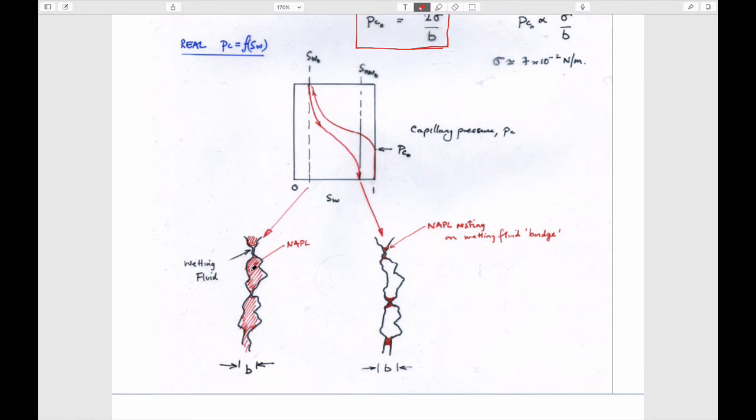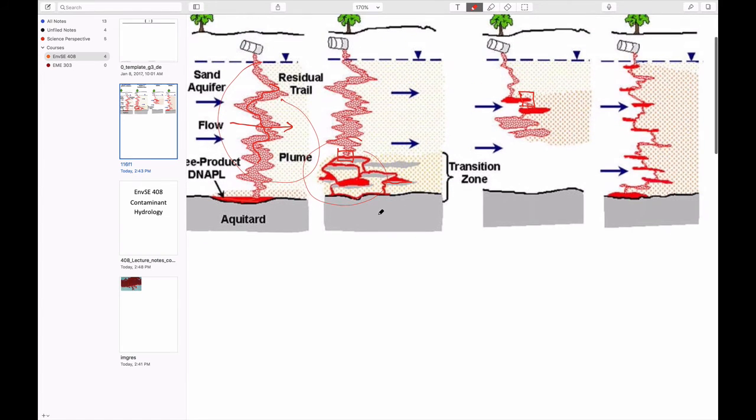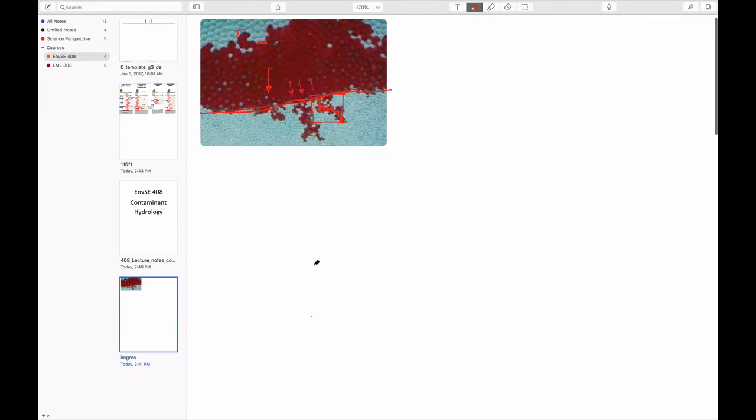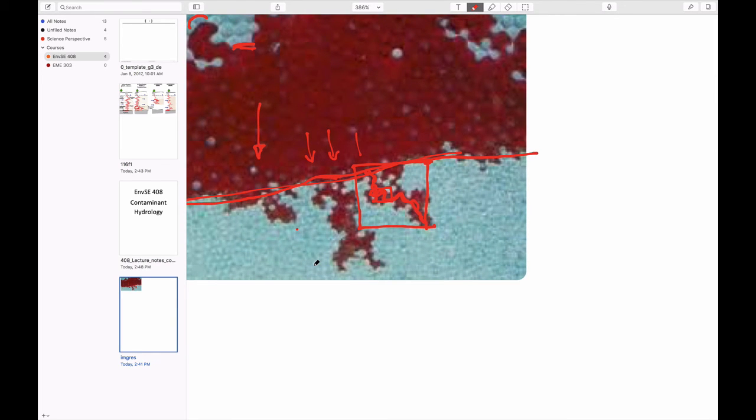So next time we'll try to say something about the behavior not at an individual pore scale, but at the scale of a portion of the aquifer. How do we use what we know now to say whether this portion of the aquifer would be 100% full of the red fluid or 0% full of the red fluid? We'll deal with that next time. Okay?